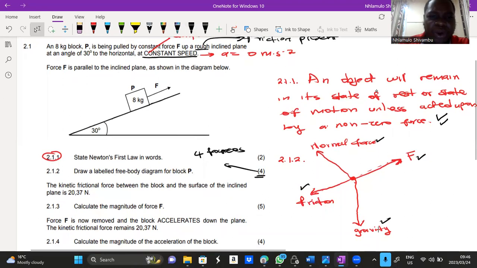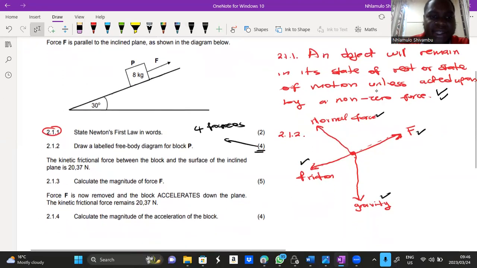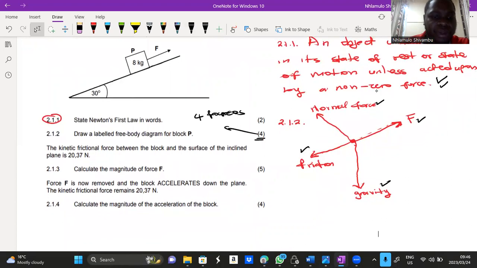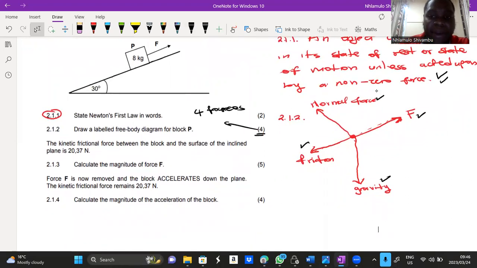So question 2.1.3, it's an application question. This way you need to calculate the magnitude of force F. So this one is 2.1.3, and this question is worth 5 marks. So probably this was the main question for this question 2.